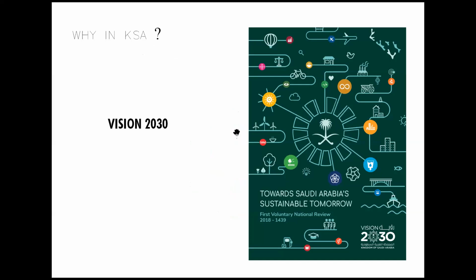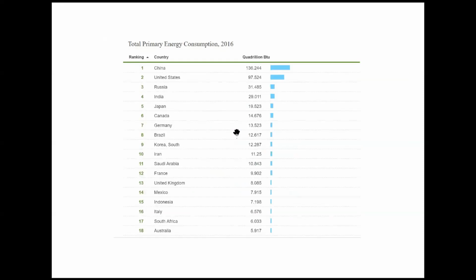Why have I chosen KSA? Because Vision 2030 is looking for sustainable architecture and sustainable life in general, and I think Saudi Arabia is working on taking some steps toward this kind of architecture.